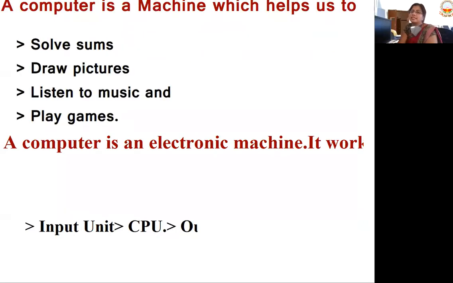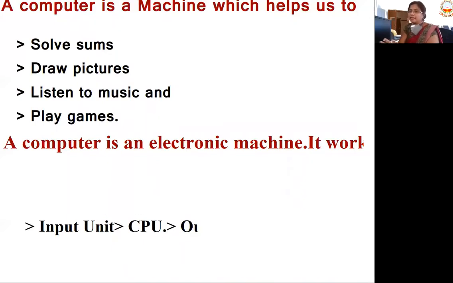Now let's just see what else we have for the computer benefits. A computer is a machine which helps us to first solve sums. What are sums? Maths problems. 1 plus 1 is equal to 2.